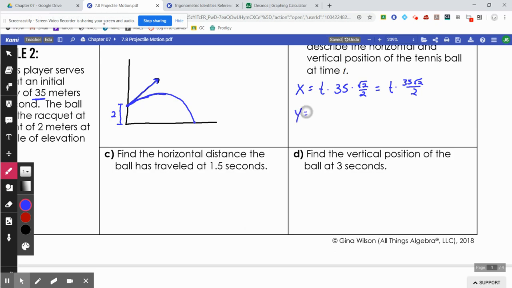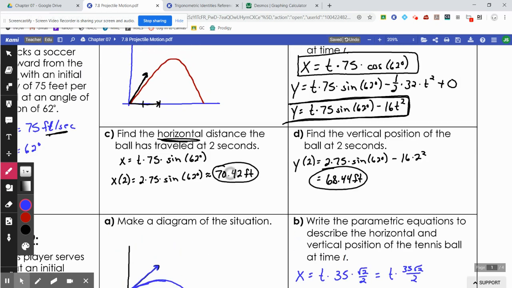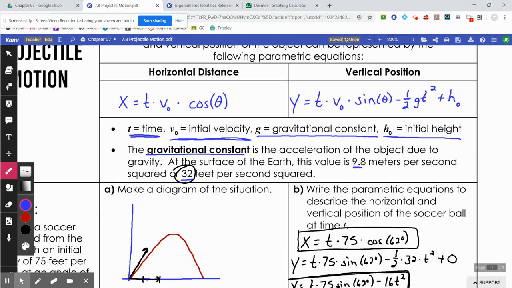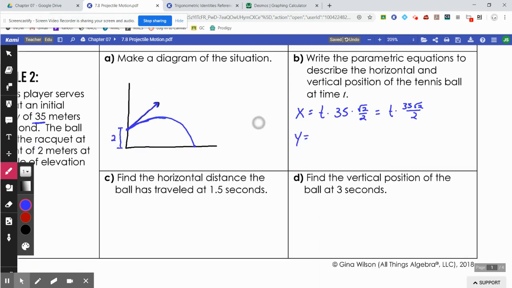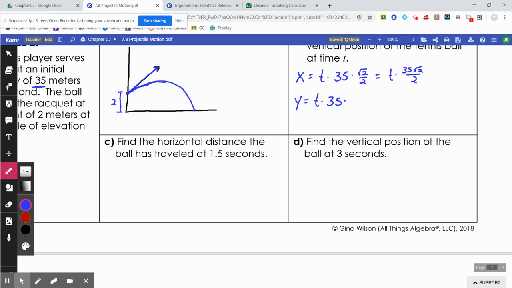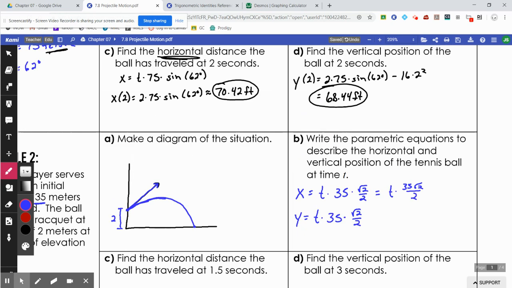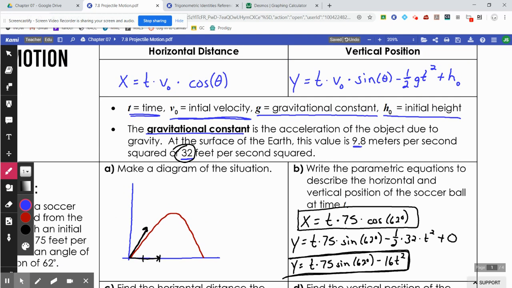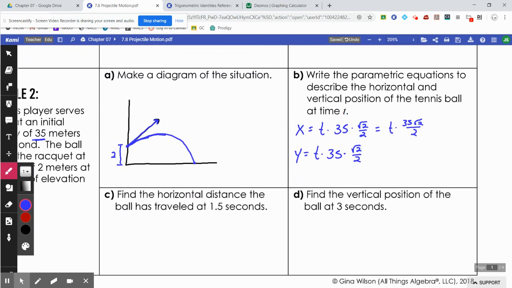Your y equation. Y was equal to, let's scroll back up, t times v sub 0 times sine of theta. So t times v sub 0, your initial velocity, which is 35, times the sine of your theta, which is also root 2 over 2. And then you have minus 1/2 gt squared.